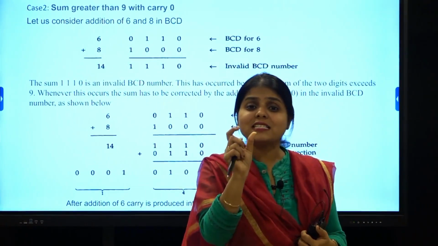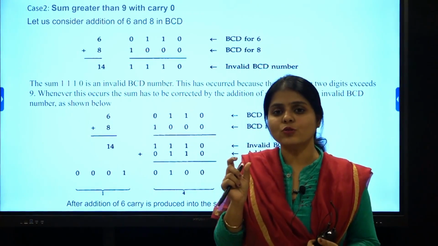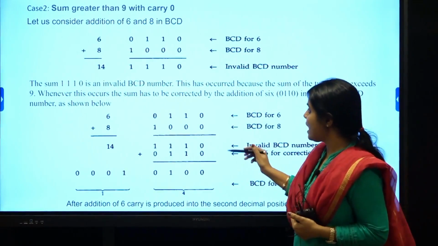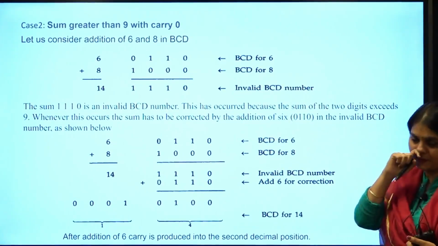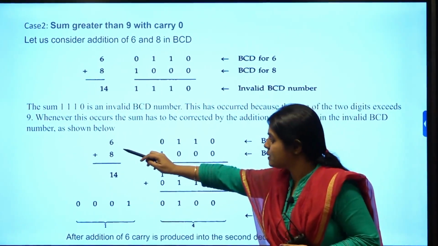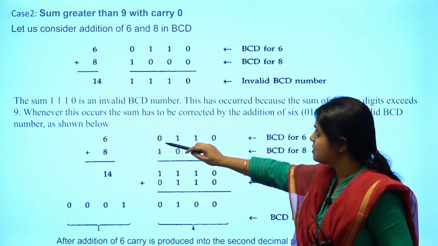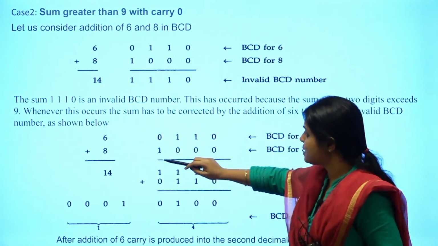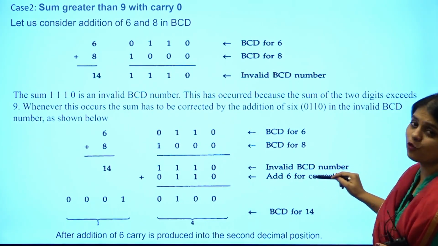So I have 6 extra combinations other than 0 to 9. That is the reason we add 6 to the invalid BCD number. Now look at this. I am doing the same thing: 6 plus 8 is equal to 14. So I take the binary representation of 6, the binary representation of 8, and then we will add 6 for correction.